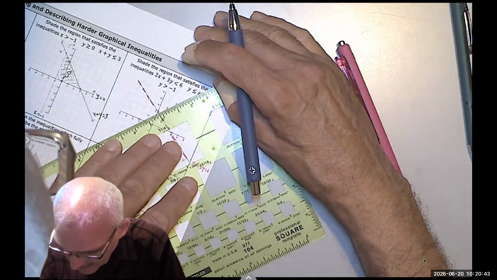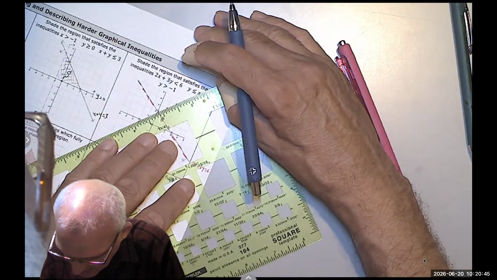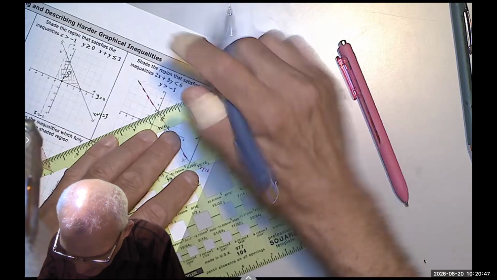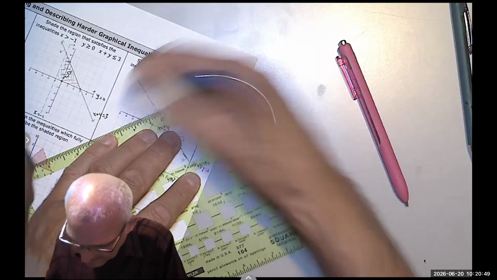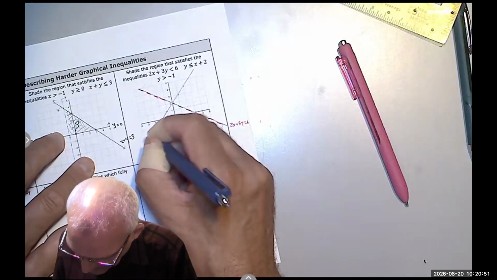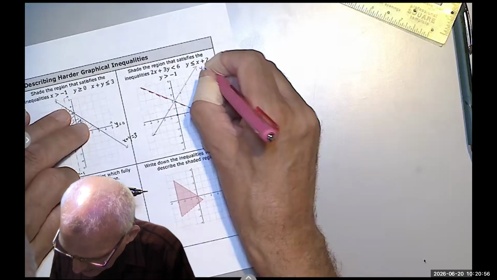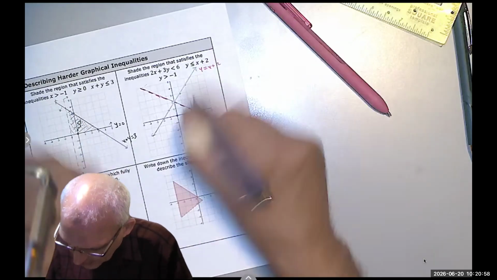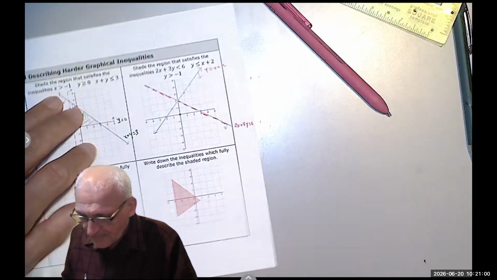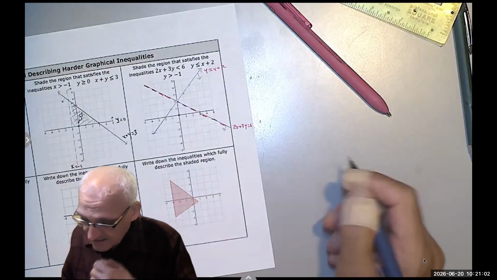It's a solid line this time, so I can draw a solid line like that. This is y equals x plus 2, and I go below it because y is less than that.